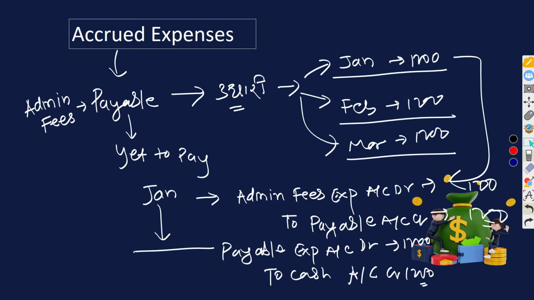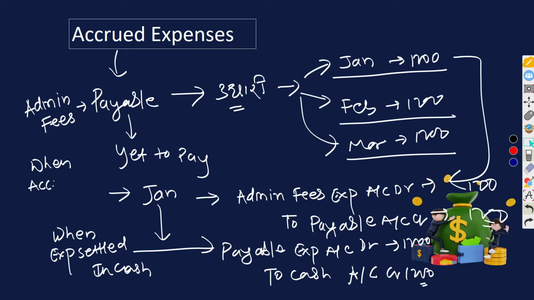So this entry is for when expenses are settled in cash, then you can record this transaction. And this entry is for when you accrue expenses. When you accrue, you record this accounting entry, and when you settle, then you record this entry. So this is how we record a transaction as an accrued expense in the books of the fund.